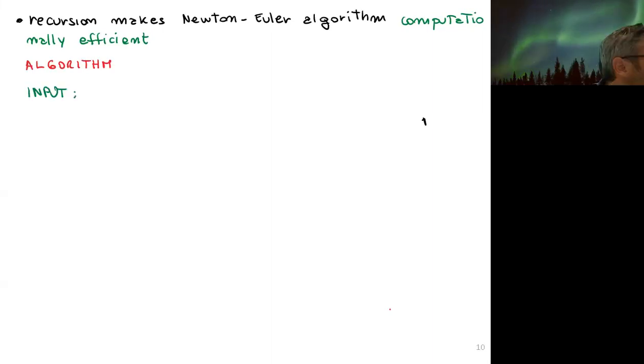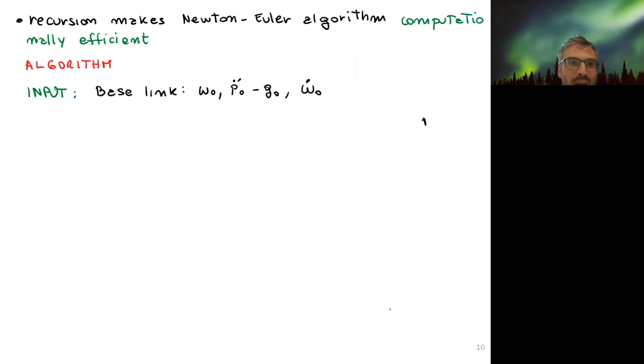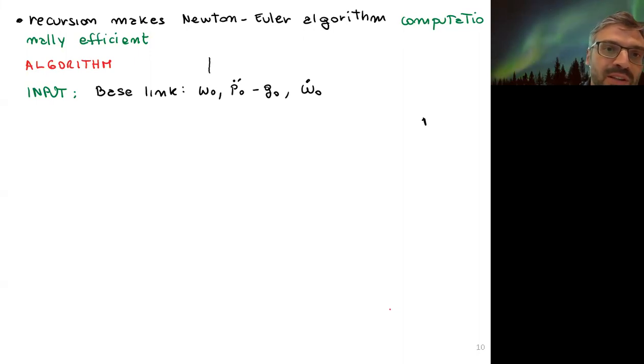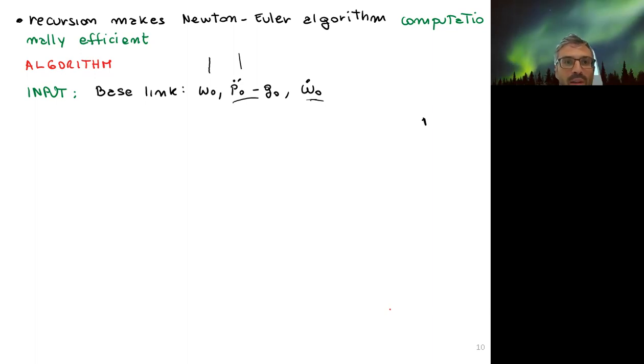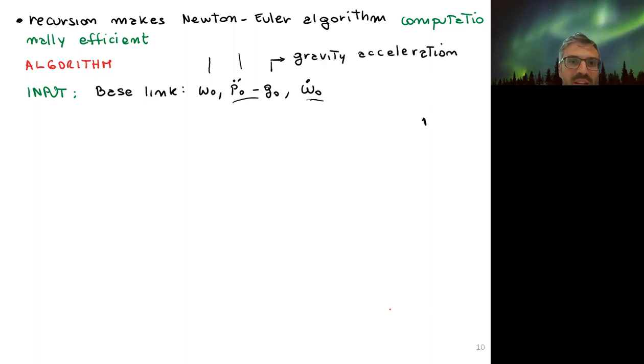Then, to summarize, we have as input the initial angular velocity, angular acceleration, and linear acceleration of frame 0, which is the base link.